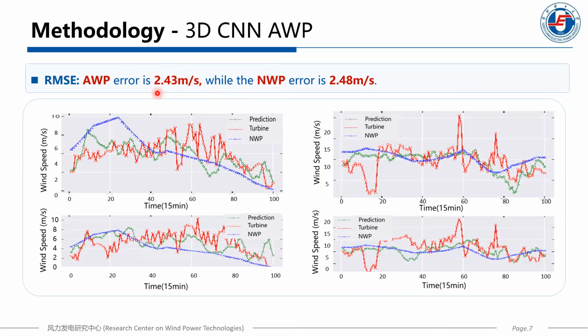Generally the accuracy is slightly higher than the numerical weather prediction result, which is the average result for 10 wind farms, with 20 NWP sites in total. And for the fluctuation, on the time scale, it can fit better than the NWP one, which shows the higher resolution on the time scale.